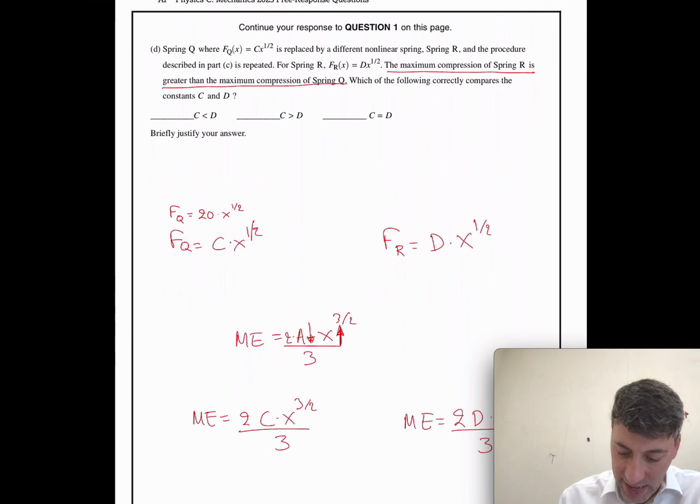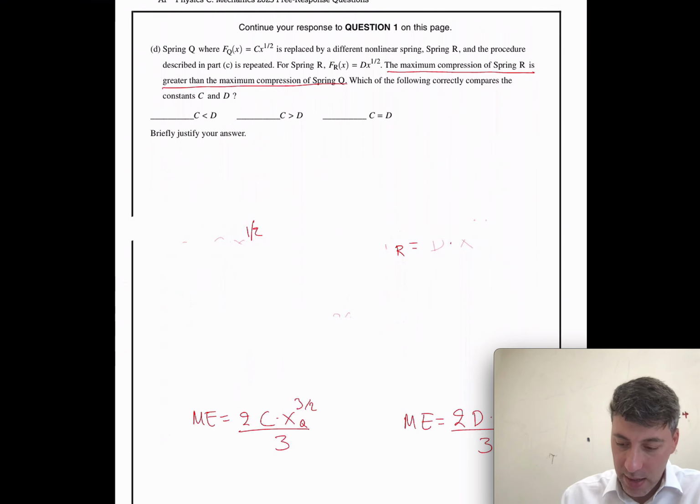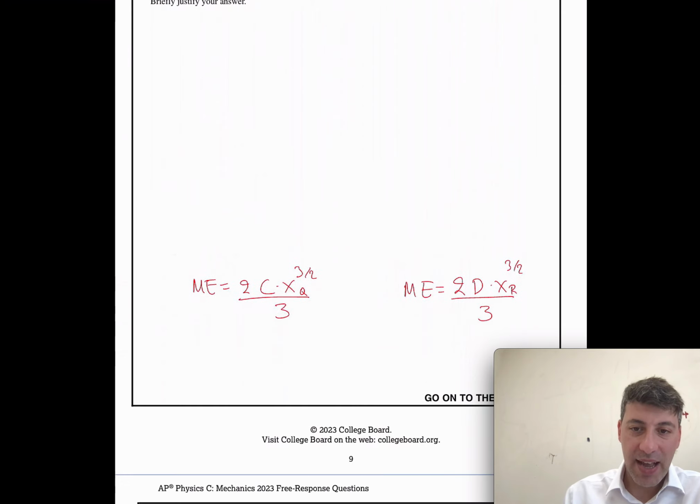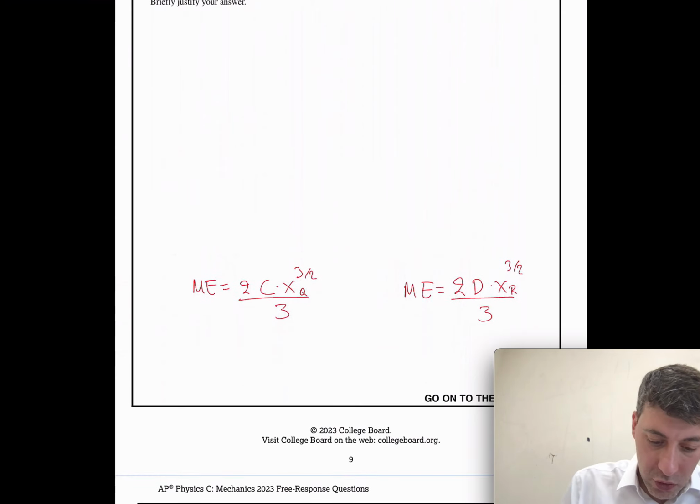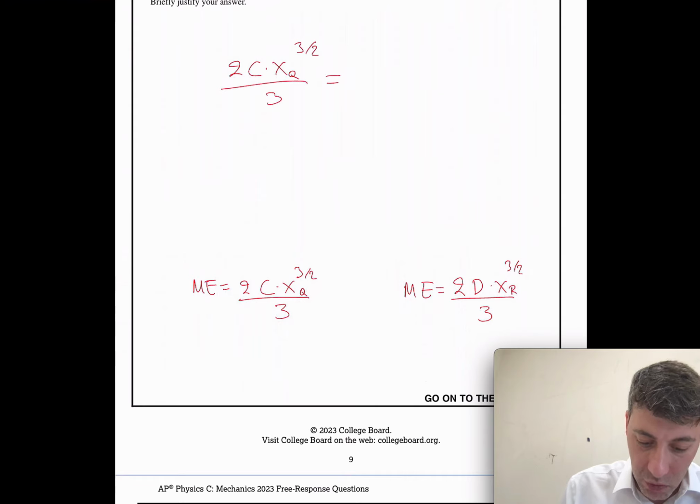But we know for a fact that the x of the spring R is greater than the x of the spring Q. We don't need this anymore. And the mechanical energy is the same mechanical energy, so 2C times x of Q to the power of 3 over 2 divided by 3 will be equal to 2 over 3 D x of R to the power of 3 over 2.